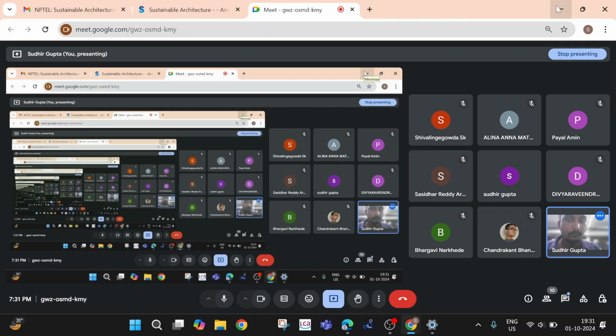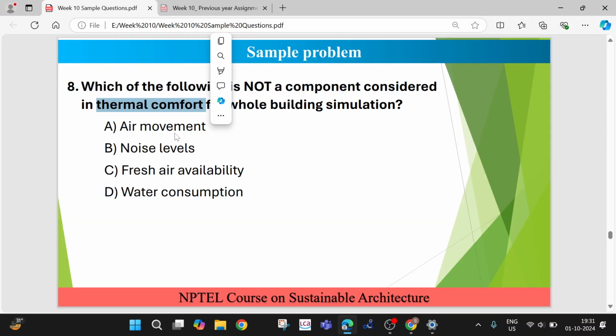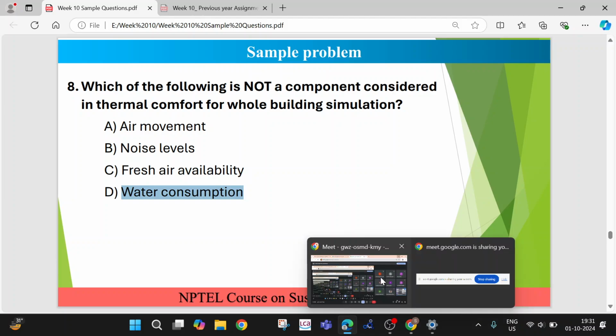That's why it was asked in this question. So thermal comfort, if you're talking about it, air movement, noise levels, fresh availability of air, all this it was talking about. Water consumption was not mentioned anywhere in the comfort level measurement. That's why it can be eliminated easily. So option D was the right answer.